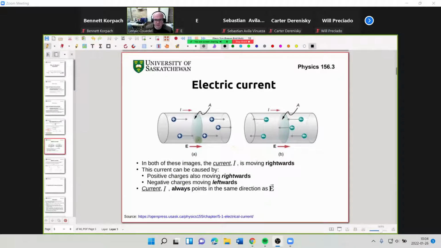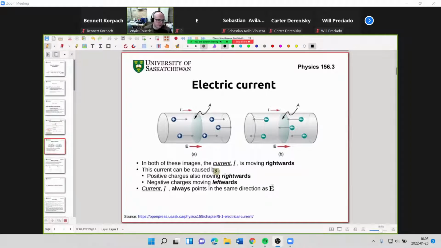A flow of positively charged particles in one direction is mathematically exactly the same as a flow of negatively charged particles in the other direction. The minus signs will cancel each other, so you end up with a current in the direction of the electric field. Any question? No. So let's continue.